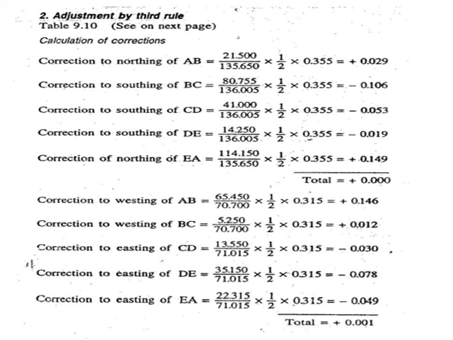Similarly, correction to easting of CD equals minus 0.030, correction to easting of D equals minus 0.078, and correction to the easting of E equals minus 0.049, and the total sum is minus 0.01. Therefore, the traverse is adjusted by making use of the third rule.